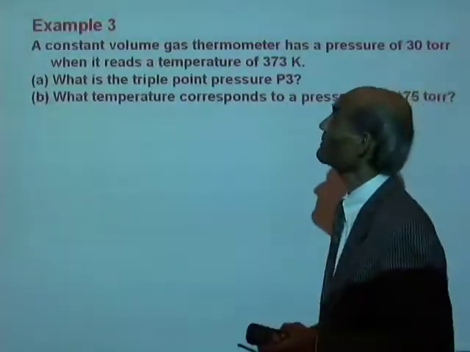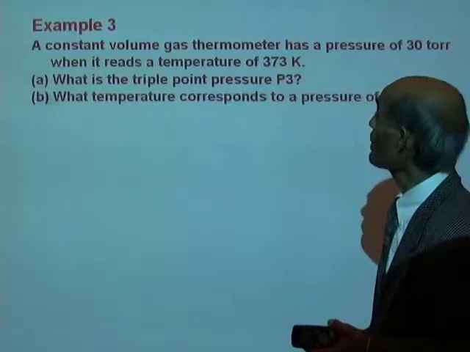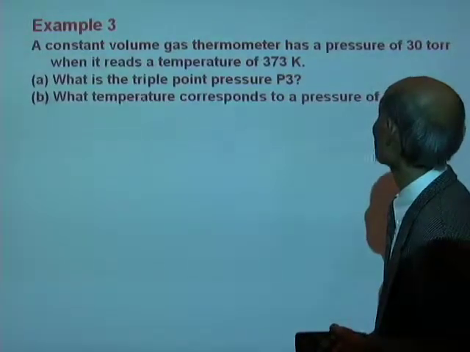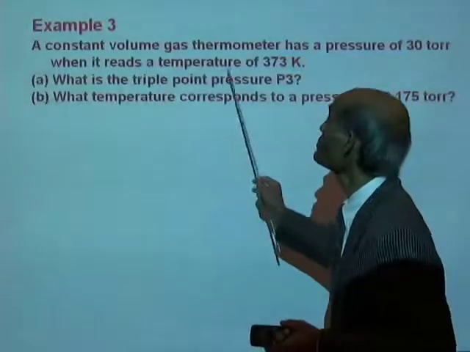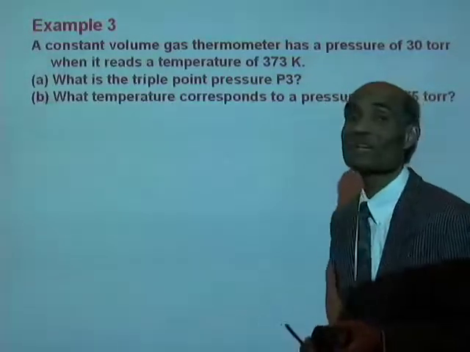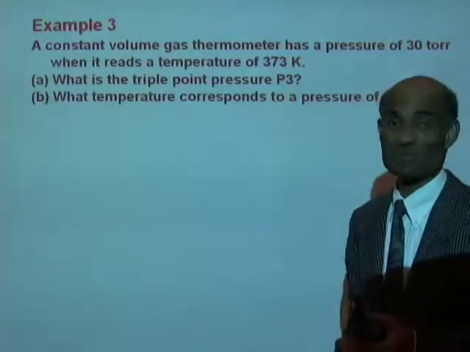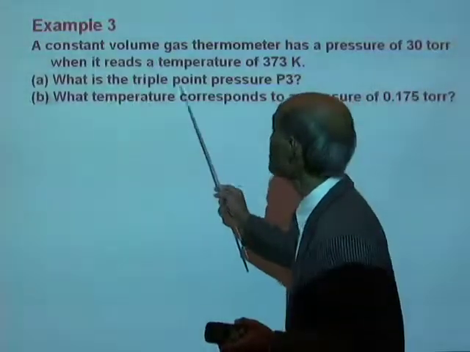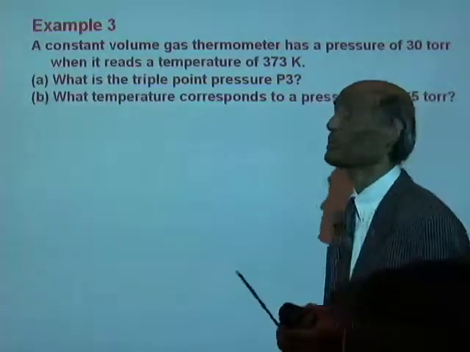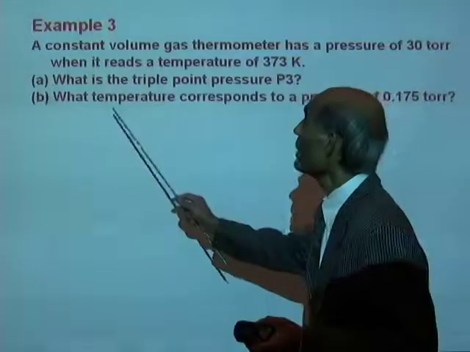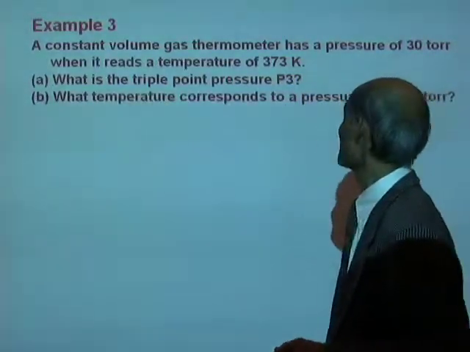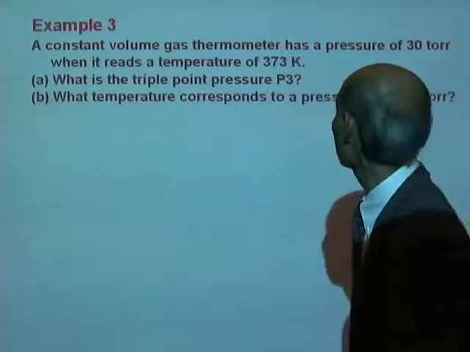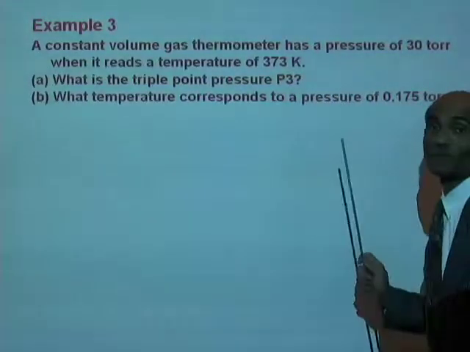Let's do a problem. A constant volume gas thermometer has a pressure of 30 torr when it reaches a temperature of 373 Kelvin. A. What is the triple point pressure P3? B. What temperature corresponds to a pressure of 0.175 torr?